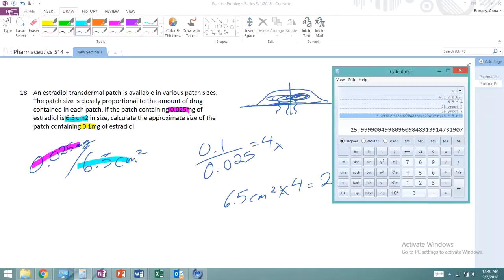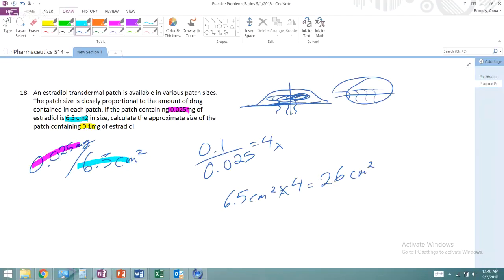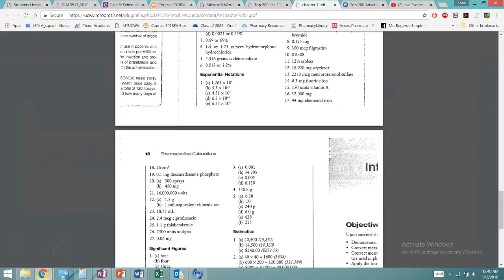So if we were in an actual pharmacy and we had a huge sheet of this stuff and needed to cut it down, I would need to find the square root so I could find out how much each side was, which is a little bit extra, but that is probably the answer they wanted us to find.